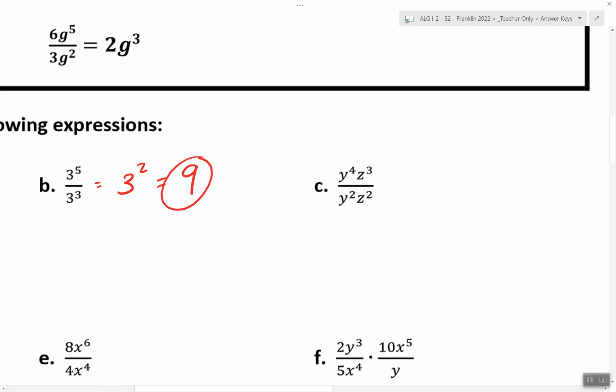If you have more than one variable, just go down the row, letter by letter, and do the operation. So first we'll start with the y's. 4 minus 2 is 2, so this is y squared. And then 3 minus 2 for z is 1, so y squared z to the first power. And that's the answer there.